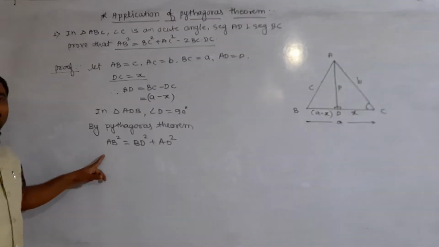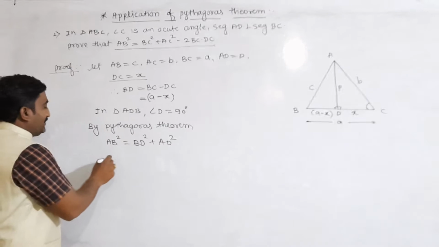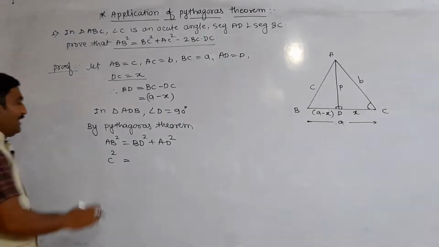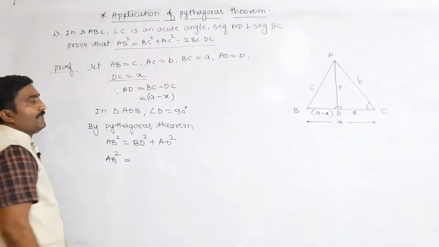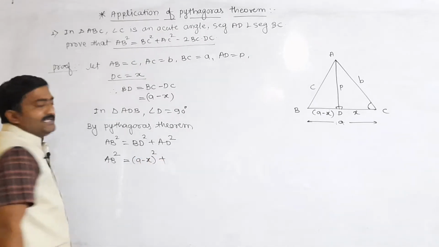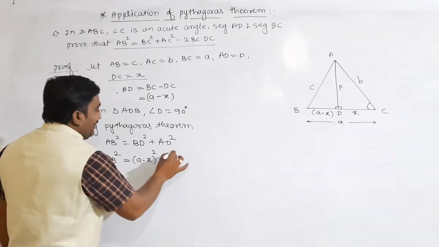By Pythagoras theorem. Then by substituting the values, AB square means c square, BD square means (a minus x) whole square, plus AD square means p square.